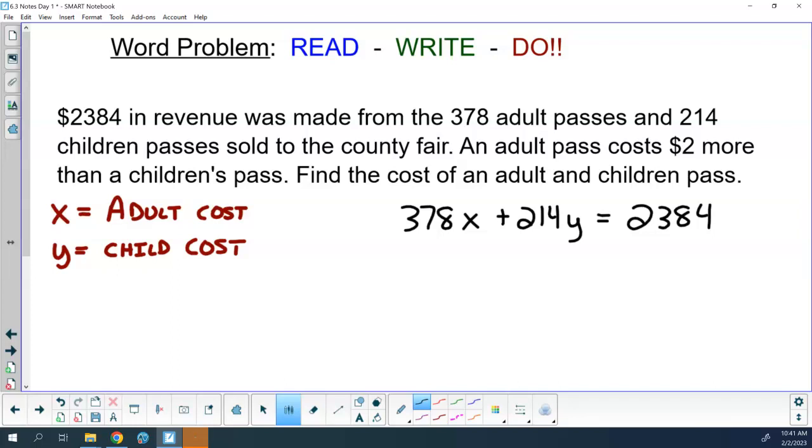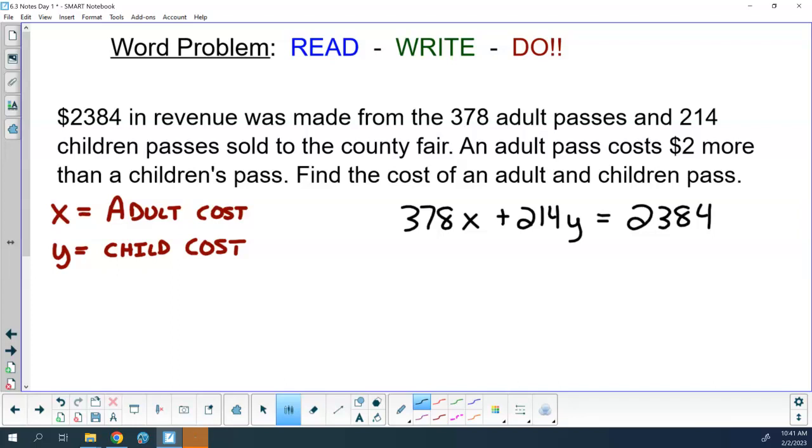Do we agree with y equals x plus 2? What do you got? Because the adult pass is more expensive than the child's pass, right?